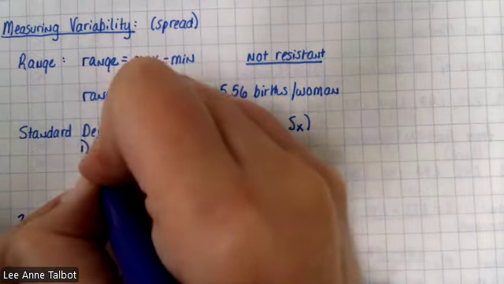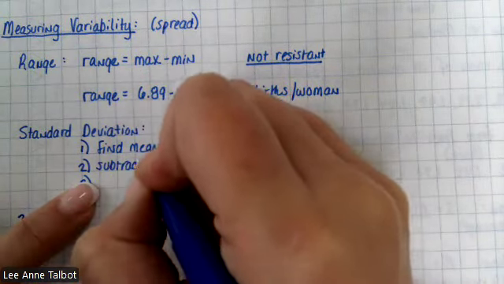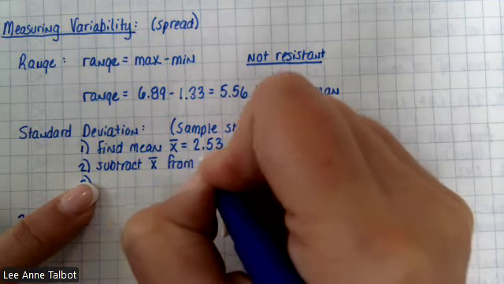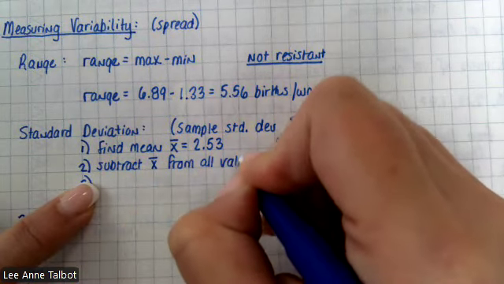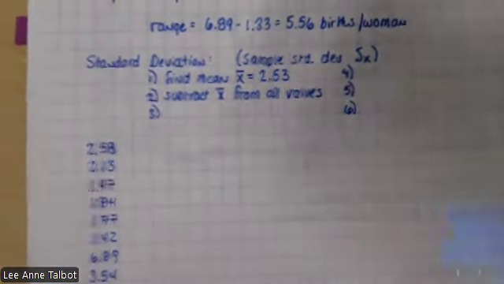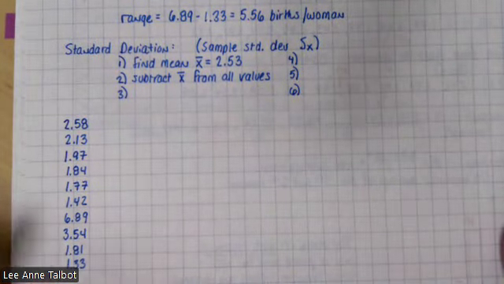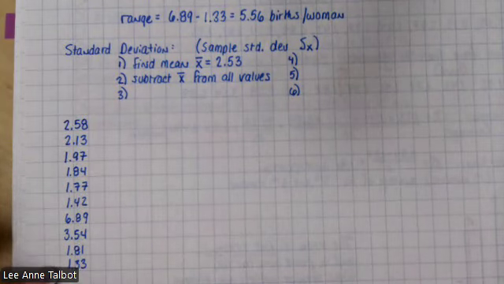Second step is to subtract the mean from all values. And what I've done, hopefully to make this a little bit easier, is I listed all 10 of my birth rate values in a column down the side.